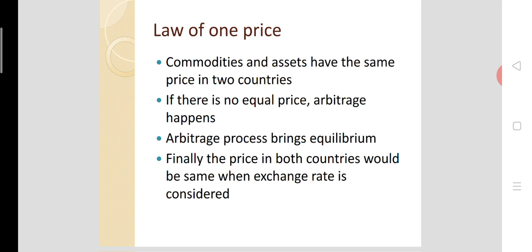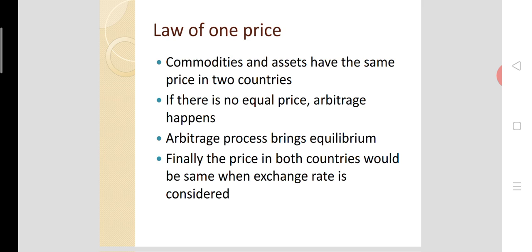It means the commodities and assets have the same price in two countries. It doesn't mean that the same commodity will have the same monetary unit in both nations. Certainly that could not be possible in many countries, as the exchange rate will be greater or lower than one in most cases.